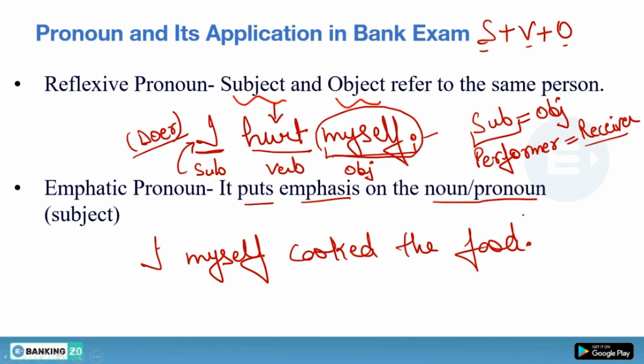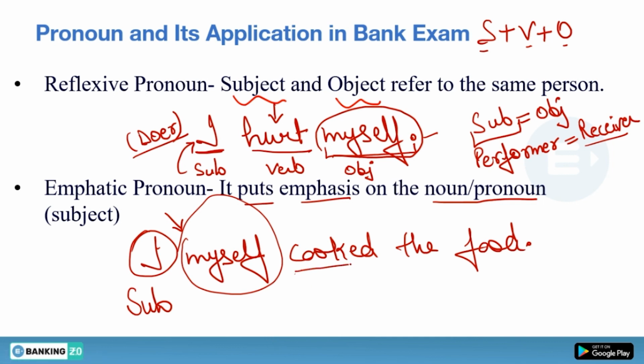Understood? But in emphatic pronoun, you can simply delete this myself. If you write I cooked the food, is this the incorrect sentence? No, this is correct sentence. I myself cooked the food. Then what is the use of this myself? It simply emphasizes this subject. So this is your subject, this is your verb, and this is what?